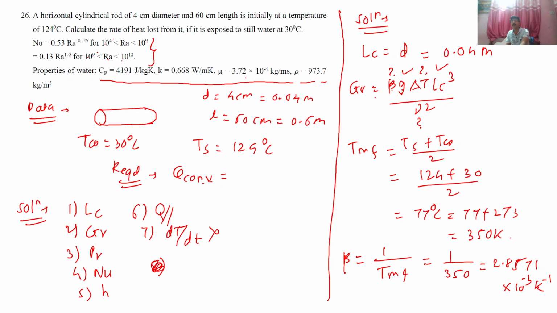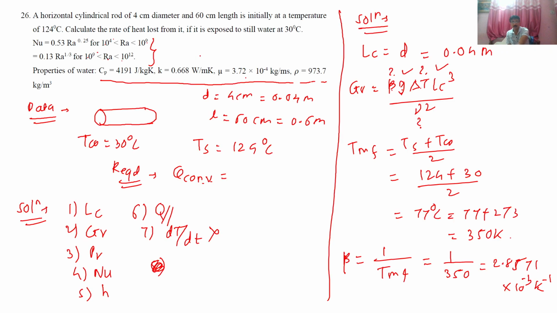Now we require delta T. Delta T is surface temperature minus surrounding temperature. So Ts is 124 and T infinity is 30. So 124 minus 30 comes around 94 degrees Celsius.